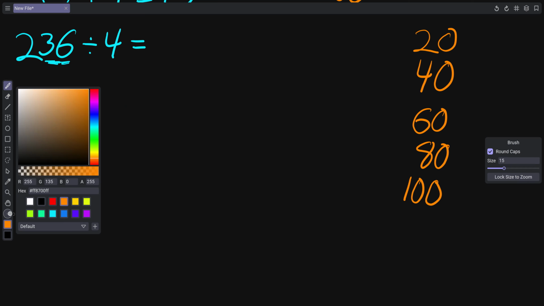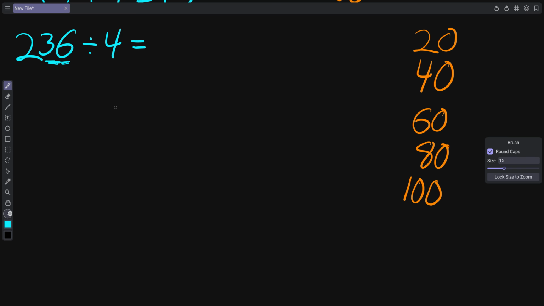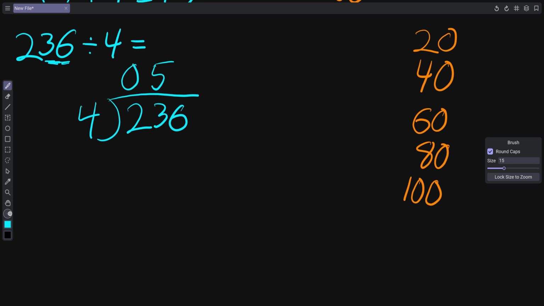So let's do the division. So we have 4, we have 236. 4 can't go into 2, but it can go into 23 5 times. So I'm going to leave a 0 here to indicate that it couldn't go into 2, but it could go into 23 5 times. And 5 times 4 equals 20.